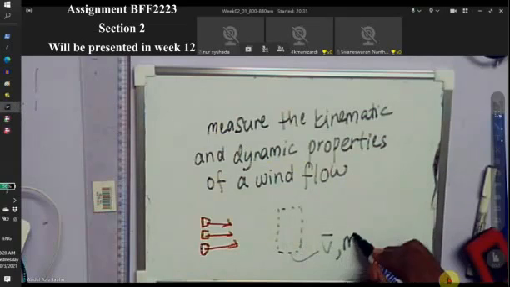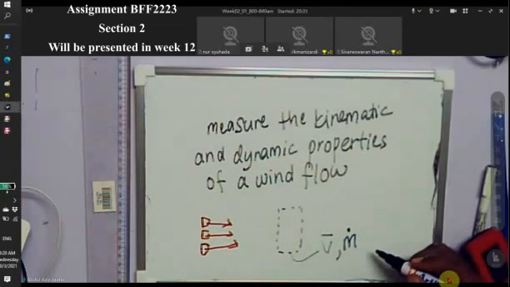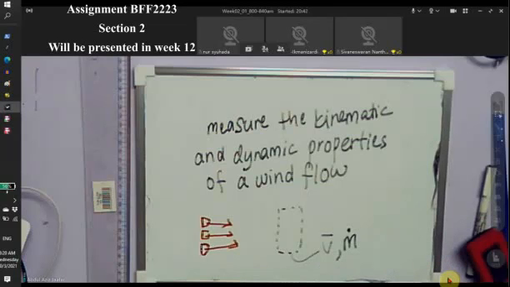The mass flow rate of the fluid flow, right? So that will be your project for this semester.